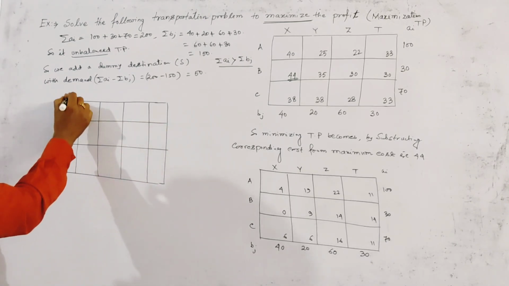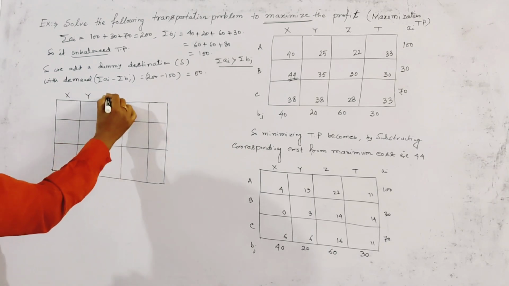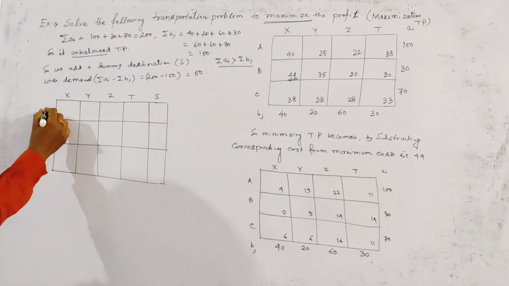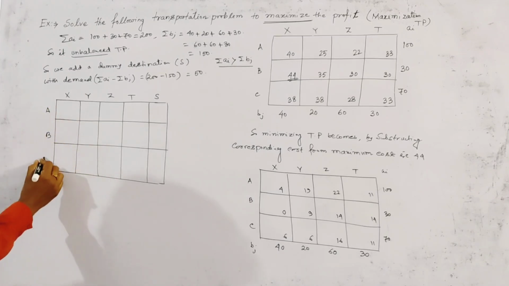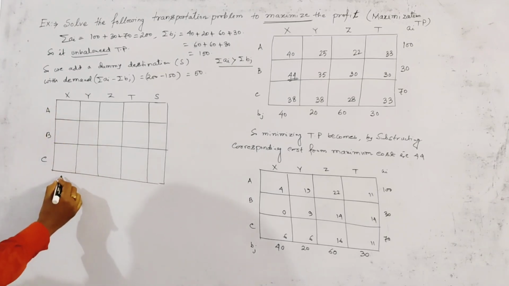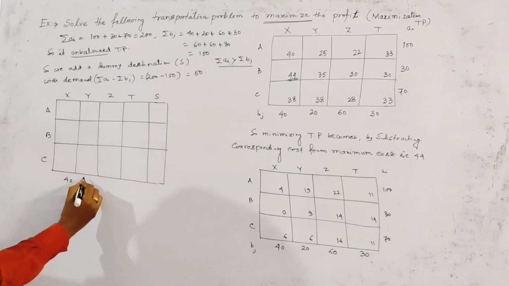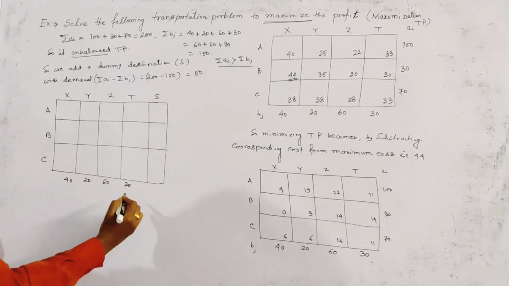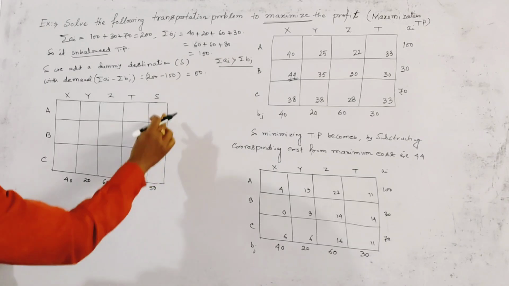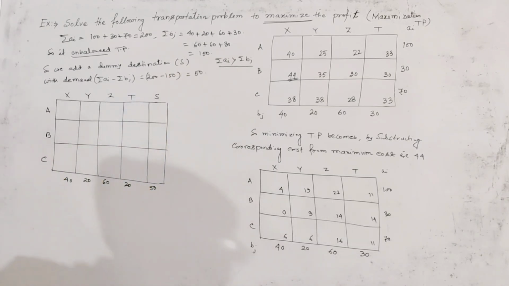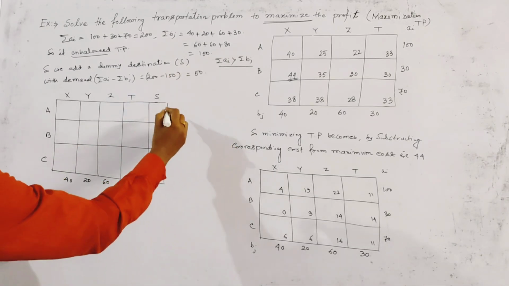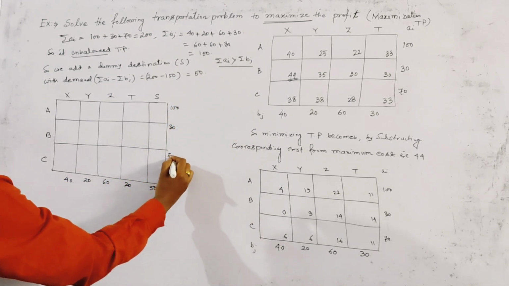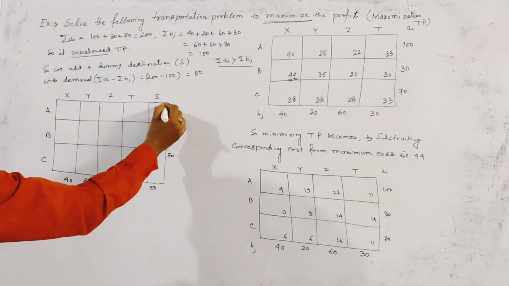Here the destinations are X, Y, Z, T, and S, and the sources are A, B, C. The demands are 40, 20, 60, 30, and 50, where 50 is the fictitious demand, and the capacities are 100, 30, 70.